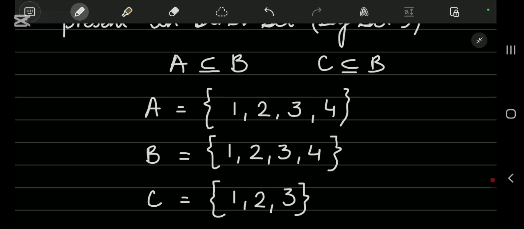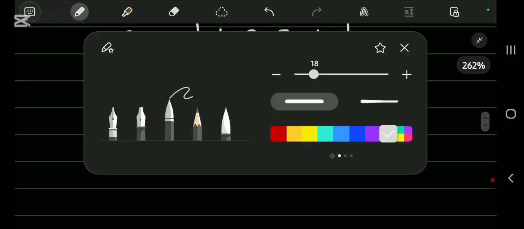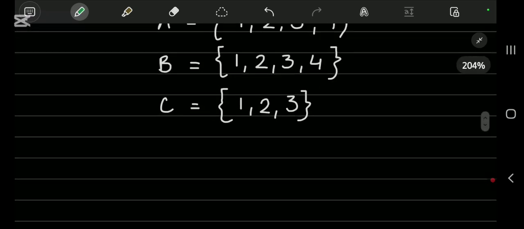But there is a variation in this: there is a subset and there is a proper subset. So what is a proper subset and how do we represent it? A proper subset is when you represent it without a line.